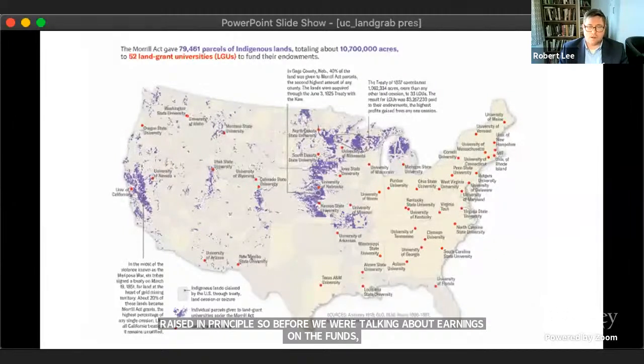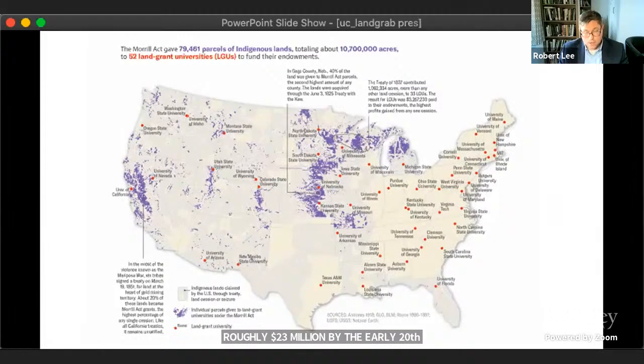That is a ratio of approximately, for every $1 spent to extinguish indigenous title, $57 is dropped into the coffers of land-grant universities. In contemporary dollars, we're talking about an endowment principal worth about $500 million in 2020.